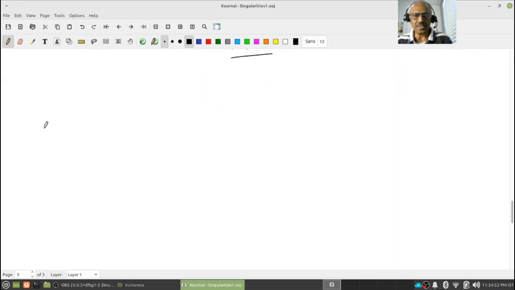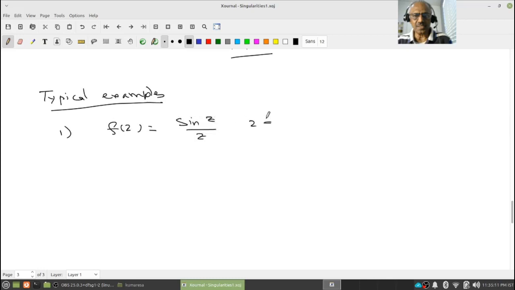Now I am going to give 3 typical examples. The first one is f(z) equals sin z by z for z not equal to 0. Therefore, z equal to 0 is an isolated singularity, because f is holomorphic on C star.